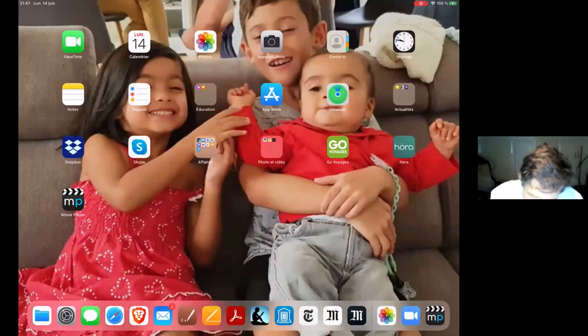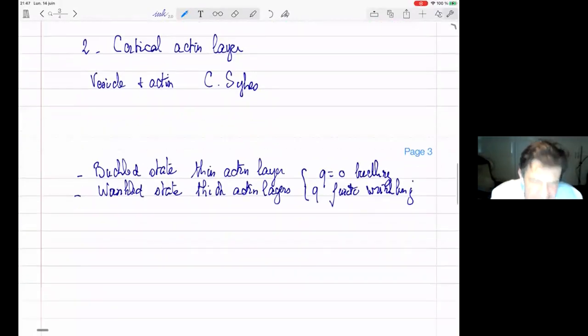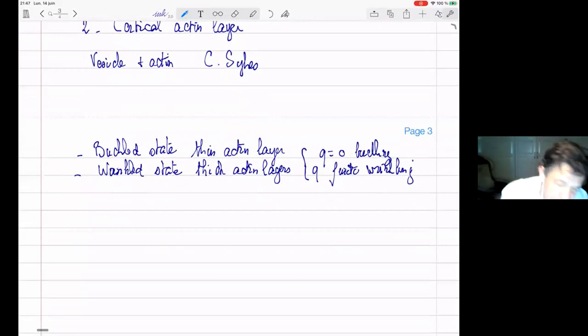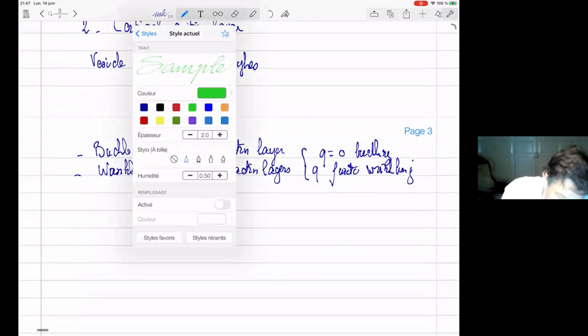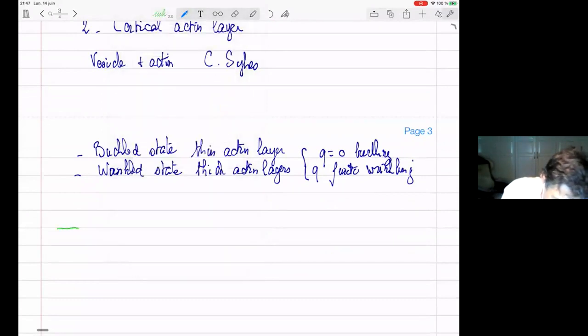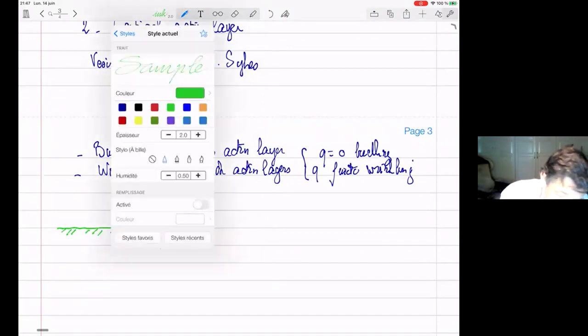So let me try to be a little bit more quantitative about that. So let me make a sketch. So the membrane I will draw here. So this is the lipid membrane. The actin filaments are inside the cell.